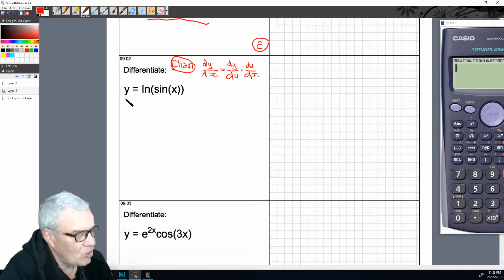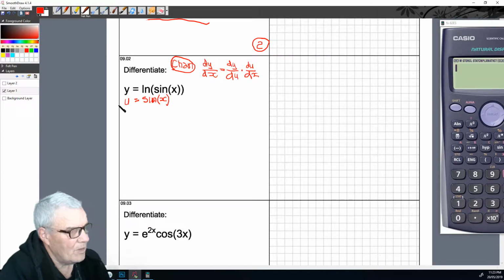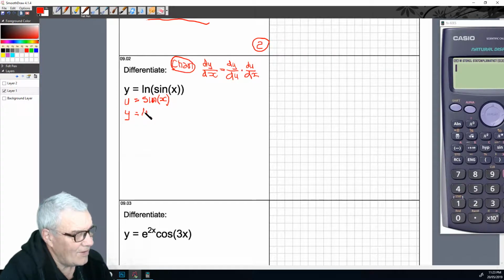So let's say u equals sin x. So now y equals log to the base e of u.